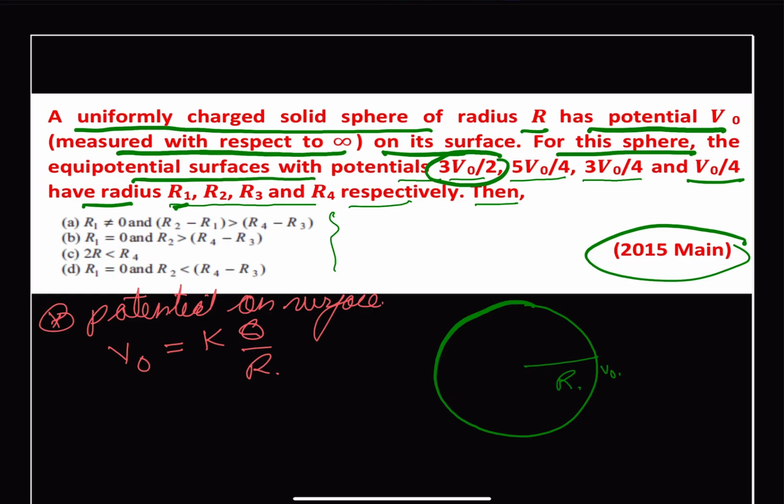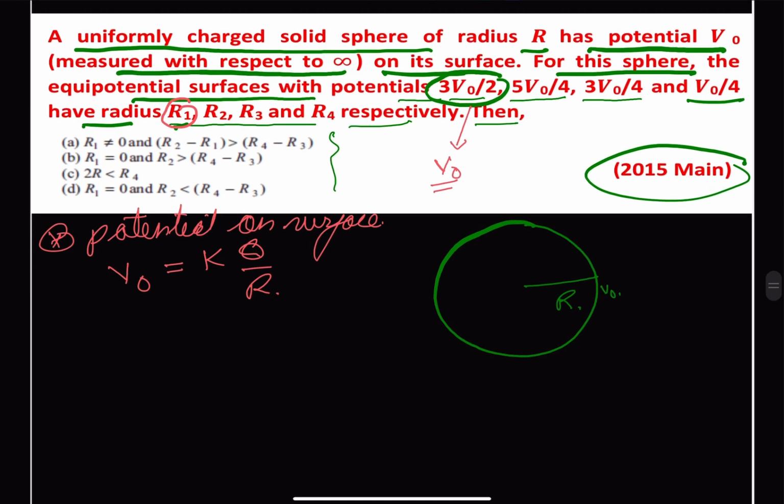So we are going to make a comparison of this 3 V naught by 2 with V naught, and based on this we are going to find out whether this radius R1 will be less than R or greater than R or equal to R. The first equipotential surface is given as 3 V naught by 2, and obviously 3 V naught by 2 is greater than our V naught.